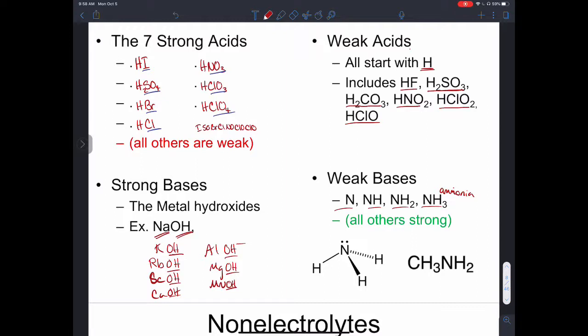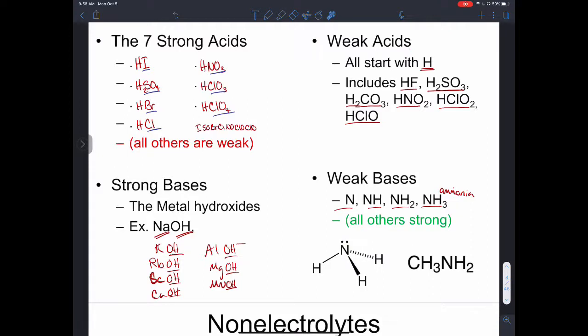And here's a little example as to why ammonia and its derivatives are bases, even though they are weak bases. So they don't particularly form water with an acid like the other ones we've seen. But based on this structure, one of the things that you'll see is that nitrogen has a tendency to form up to three sharing bonds, three covalent bonds, and then it has a free pair of electrons.